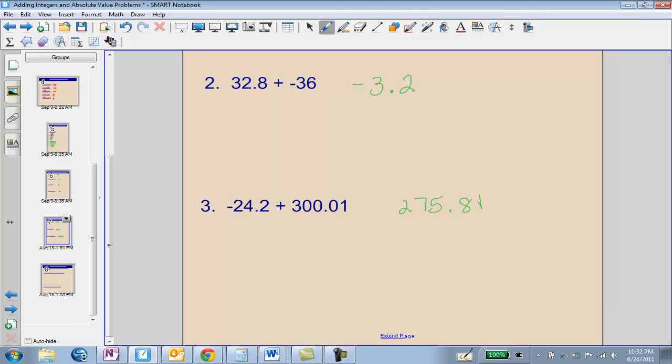If you've made any mistakes, you always want to double check a couple things. Number one, remember that if you have same signs, you add and you keep the sign. If you have different signs, then you want to make sure that you subtract the two numbers and you have the sign of whichever one you have more of.